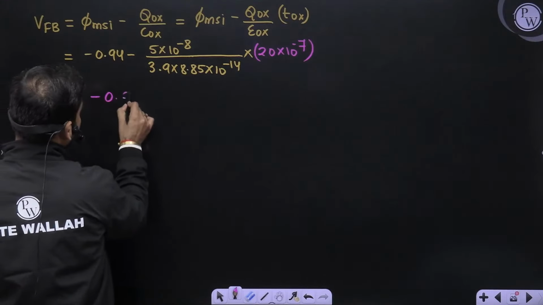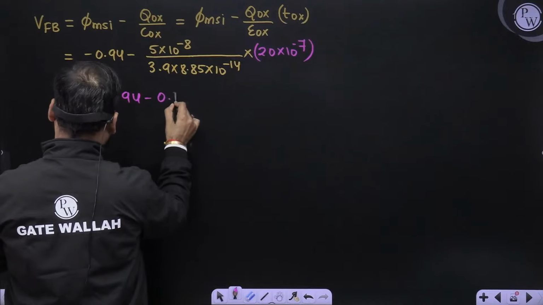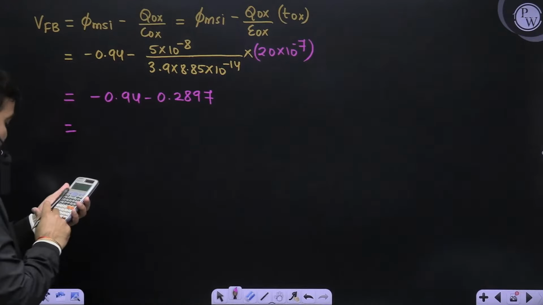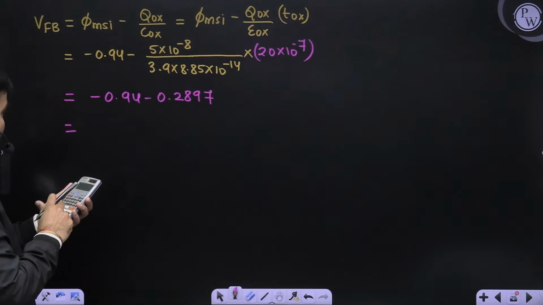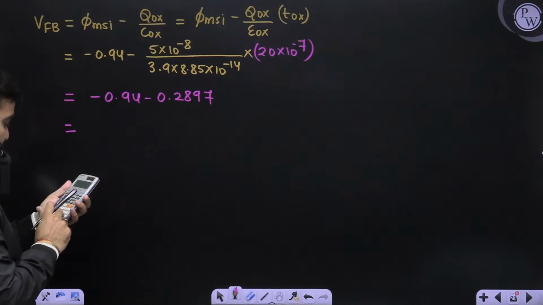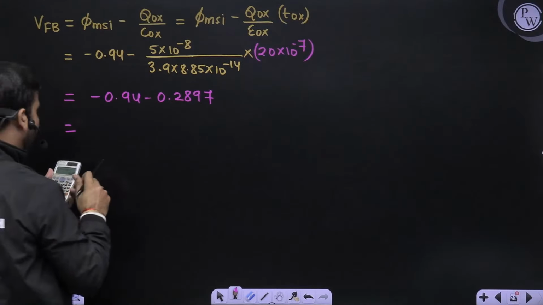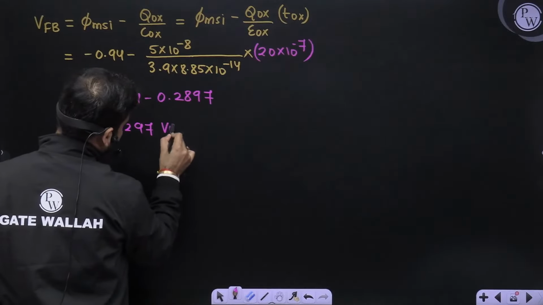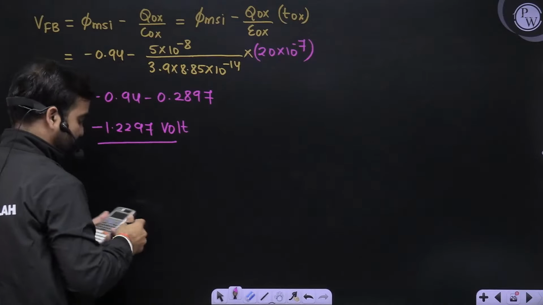So it is minus 0.94 minus of minus 0.2897. Now add these two, 0.94 plus 0.2897, so it is 1.2297. This much volt is the flat band voltage, right?